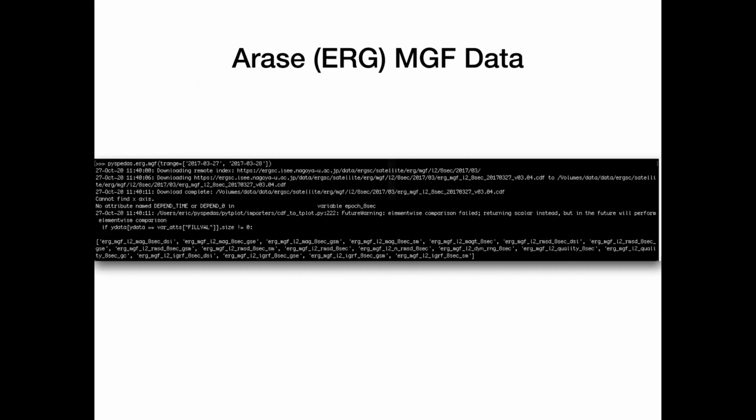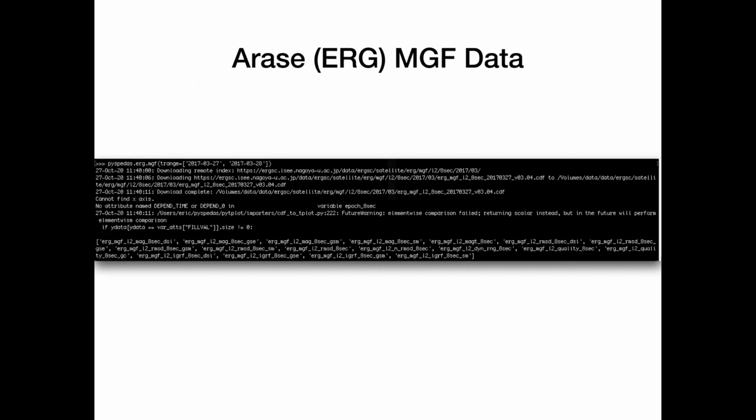So here's an example of loading Arase data. We just call pyspedas.erg.mgf and set the time range. By default, it'll load a default time range, but I've been setting the time range in all of these examples. But you could just call pyspedas.erg.mgf and it'll just load some default data.